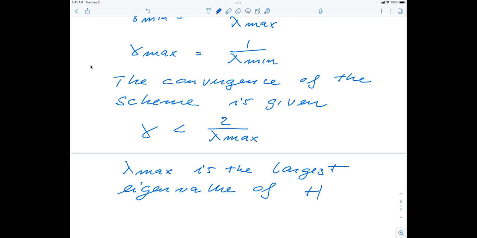So I just made an assumption. It's normally not the case, right? But you can use the singular value decomposition on the matrix H, and then you can show that there is a condition on the parameter gamma for convergence of the iterative procedure.